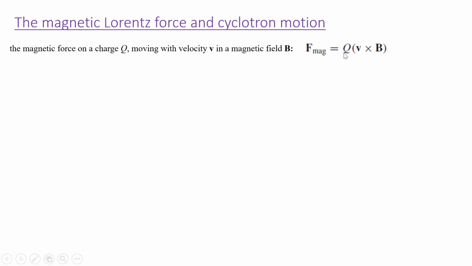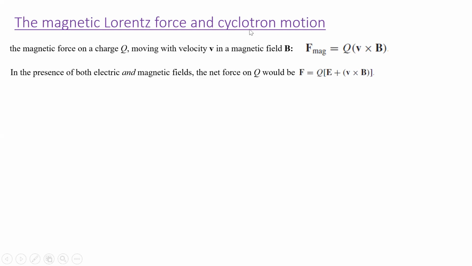It's proportional to the charge q, the speed that the charge is moving, and the magnetic field, and it's at right angles to both the direction of motion and the magnetic field, as we'll see in a second when we look at cyclotron motion. And this is called the Lorentz force.